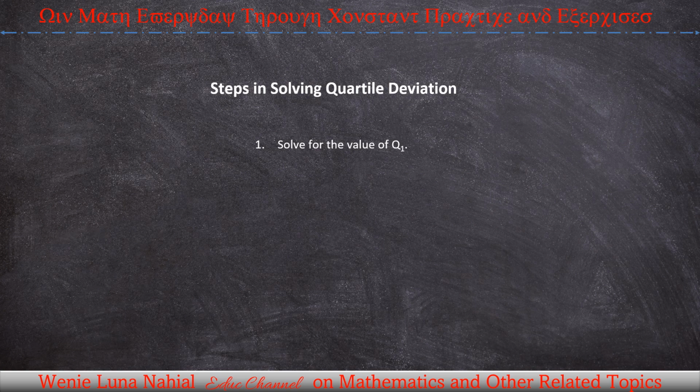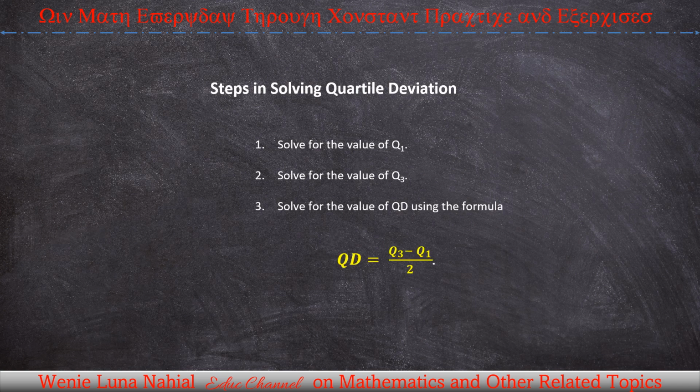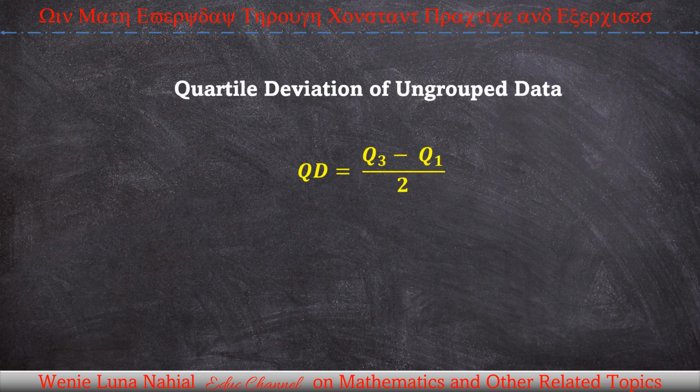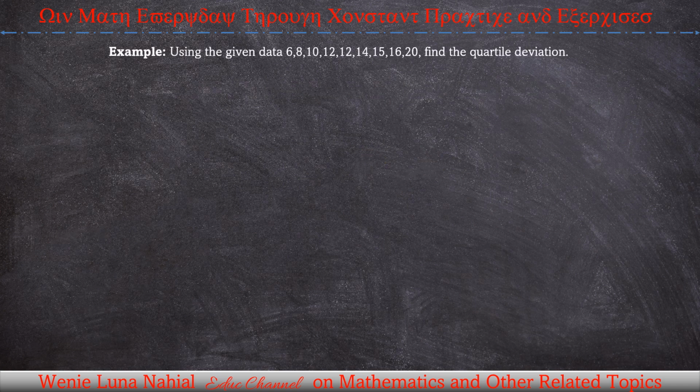First, solve for the value of Q1, solve for the value of Q3, and solve for the value of QD using the formula QD equals Q3 minus Q1 all over 2. Now, quartile deviation of ungrouped data. So you have this formula QD equals Q3 minus Q1 all over 2.